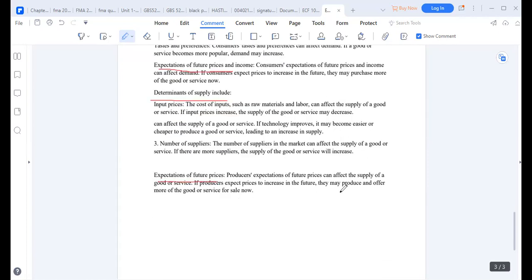Expectations of future prices as well. These ones are key determinants of supply, because if the suppliers' expectations of future prices of a good are expected to go up, meaning producers will expect prices to increase in future, this means they'll produce more and more to sell for later.